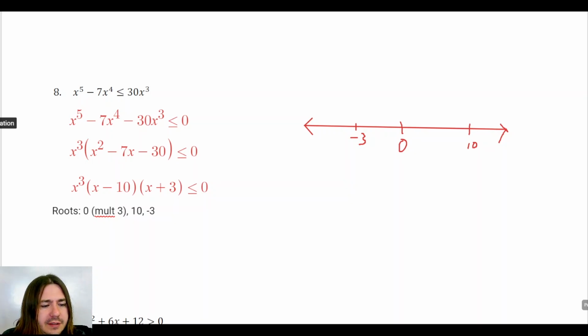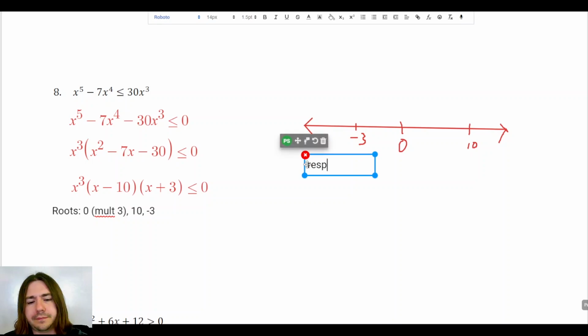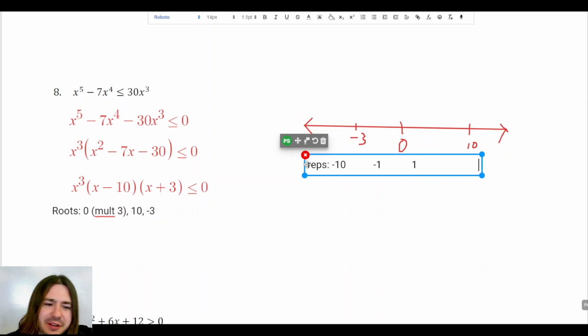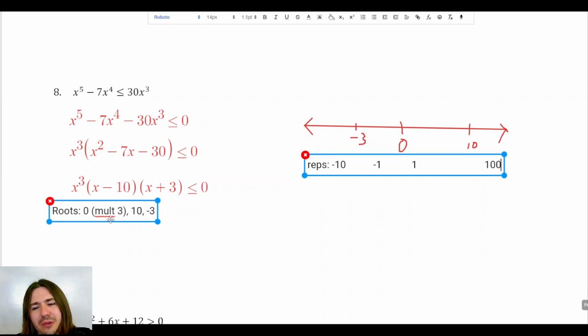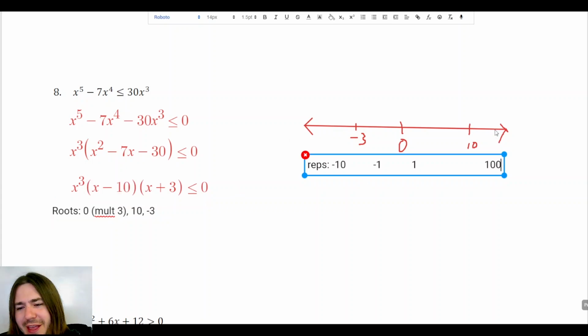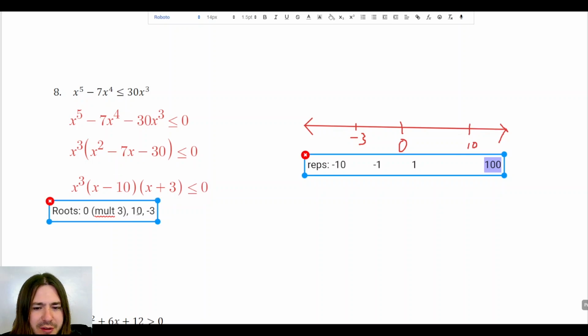For my representatives, I'll go with negative 10, negative 1 and 1, and oh, I can't pick 10. That's my go-to. So I'm just going to go 100. It could be any number greater than 10. I just like easy numbers to work with. 100 usually is a pretty easy number to deal with.